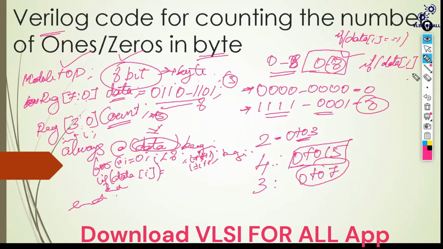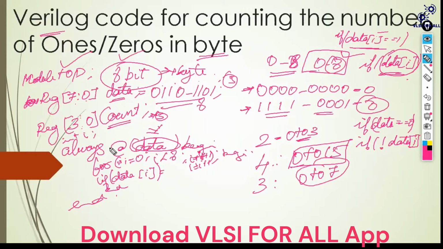Because whenever this is 1, the condition is true. If I want to mention data equal to 0, then I write if not of data of i, both are same only.